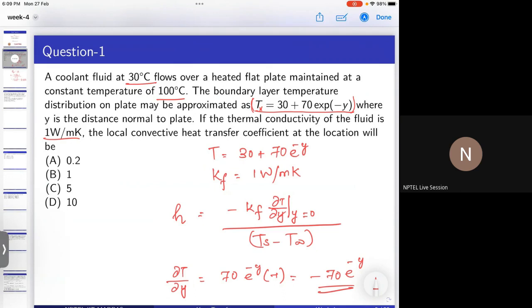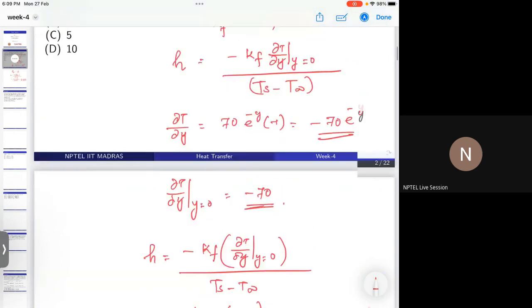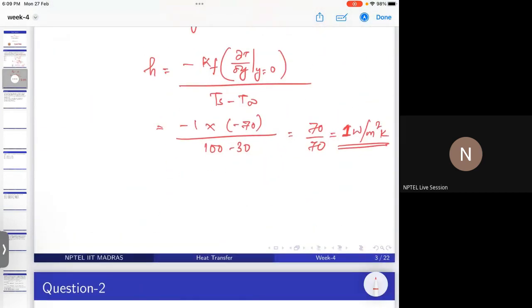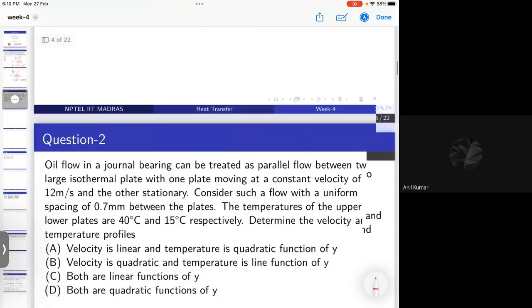That's why it is called a local heat transfer coefficient. At that particular location, where this is the temperature distribution, we are finding it. This is not the entire heat transfer coefficient, this is the local one. Okay, sir.